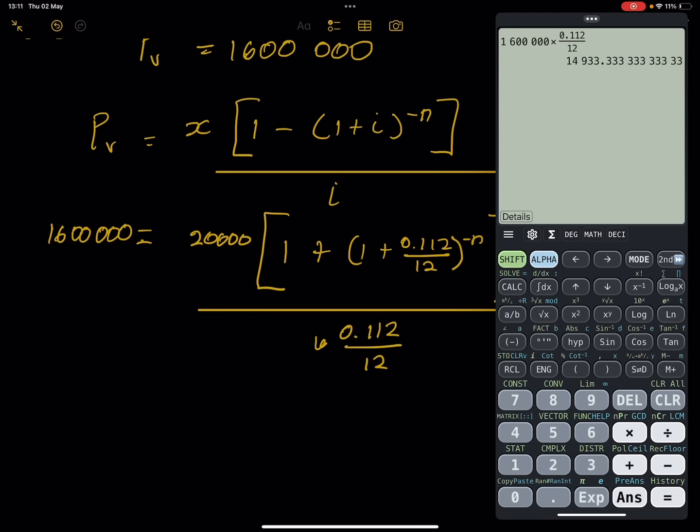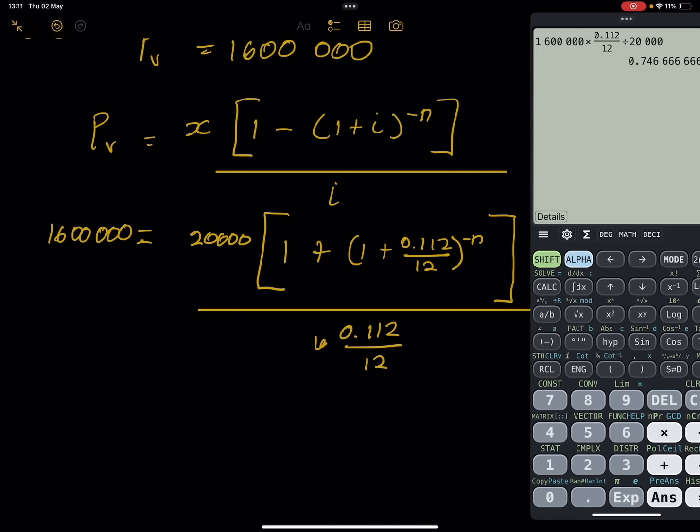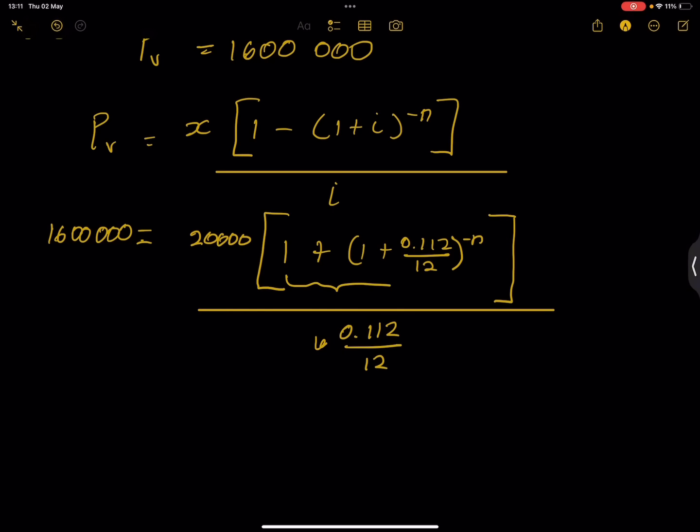And in this case, I'm also going to divide all of that by 20,000. Remember, I still have that entire bracket inside there.